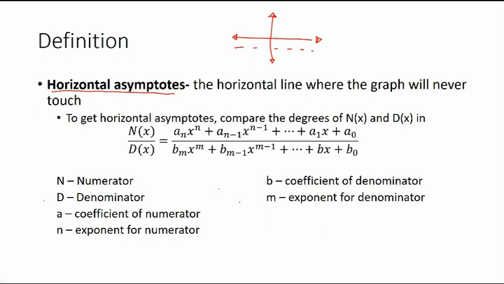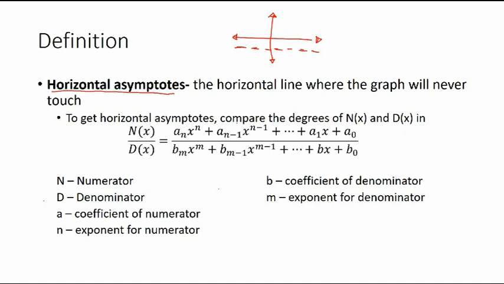So the horizontal asymptote is the horizontal line where the graph will never touch. So kung ito si Cartesian plane, we have this line as our horizontal asymptote. So ito yung parallel with the x-axis. At ito yung part kung saan yung graph hindi siya pwede mag-touch.